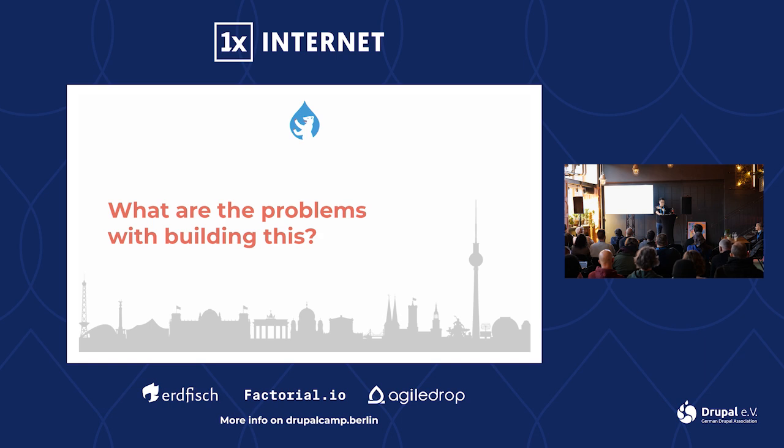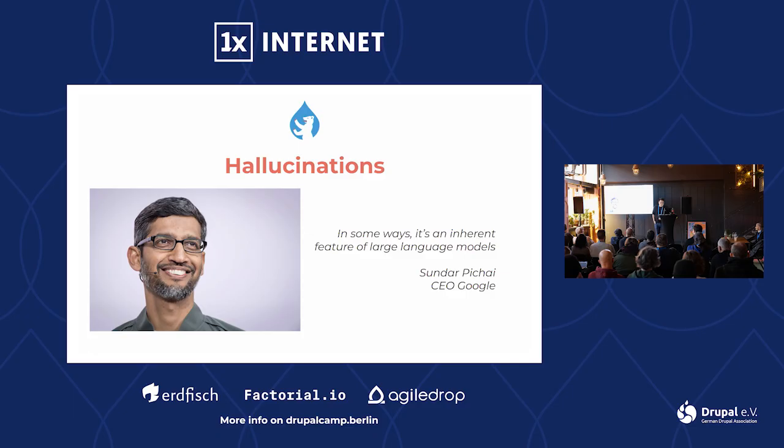So what is the problem with building something like the AI agents? Well, first of all, you have something called hallucinations. I guess some of you here have heard about it, or even when you try ChatGPT, maybe have seen it.